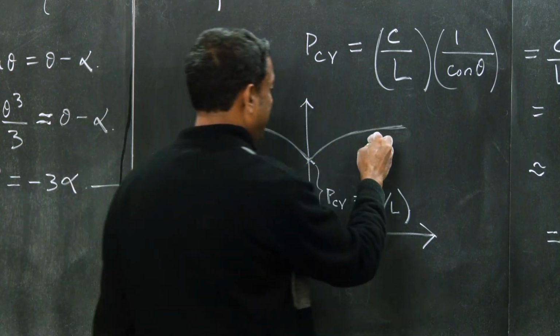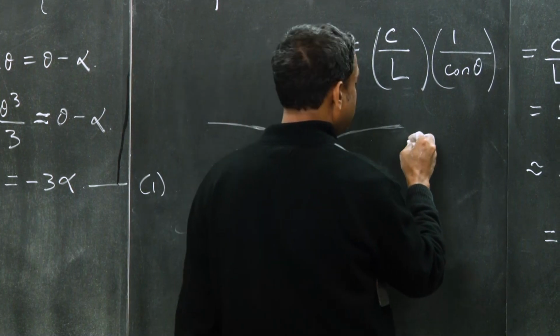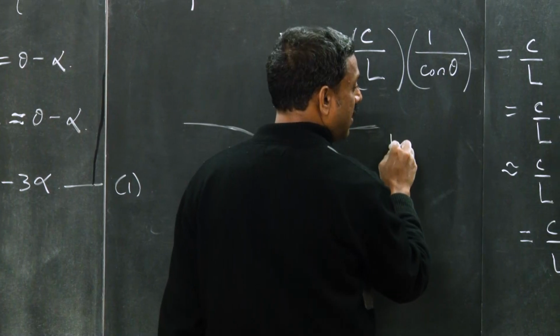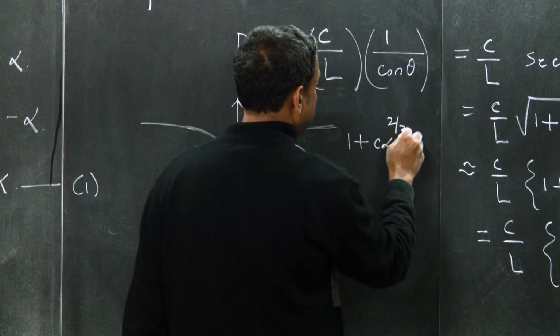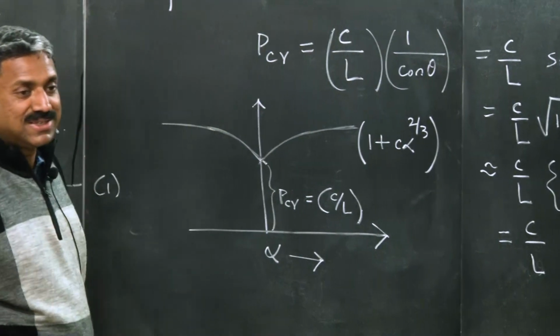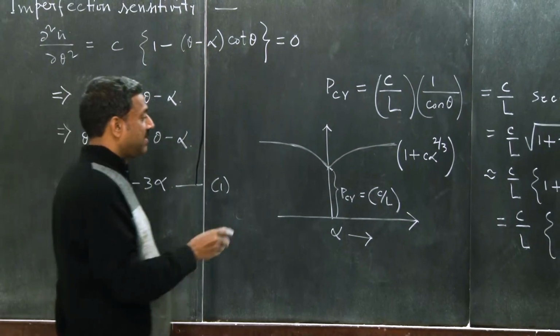You see that? P critical increases, being 1 plus some constant times alpha to the power 2 by 3. So this is Koiter's 2/3 power law of imperfections.